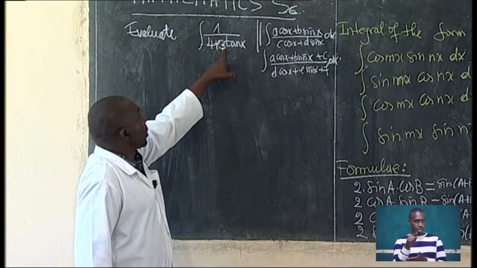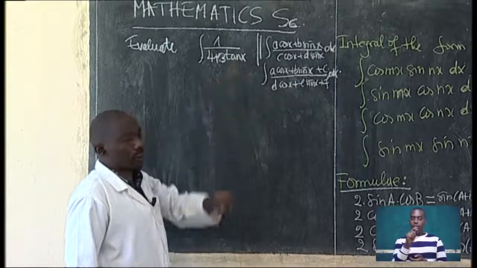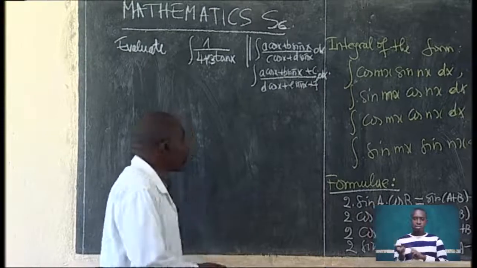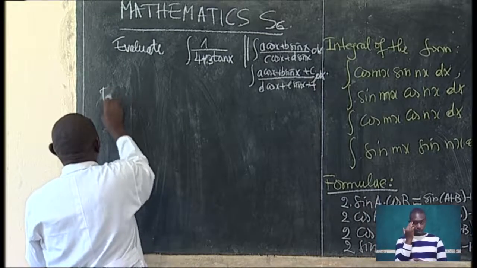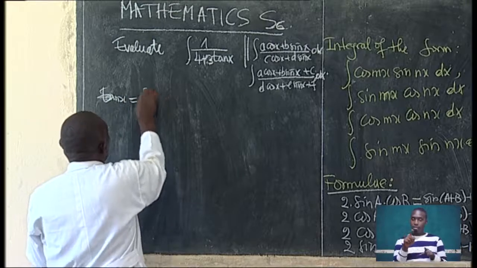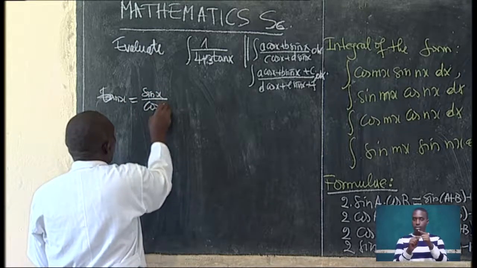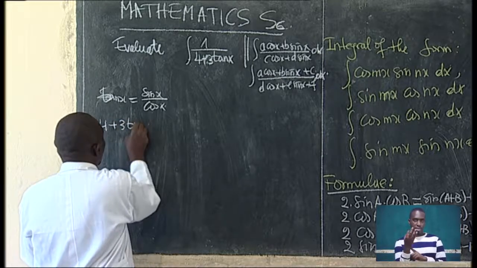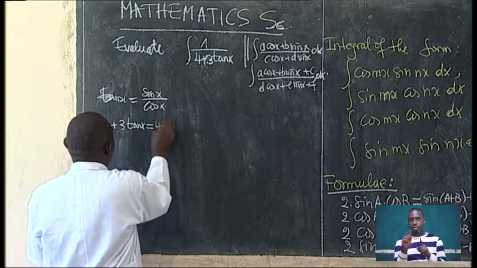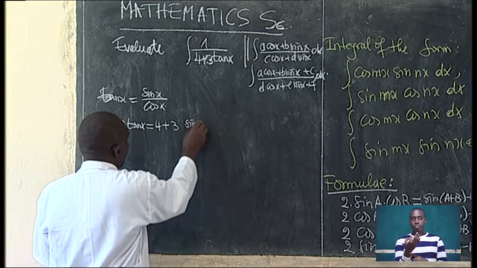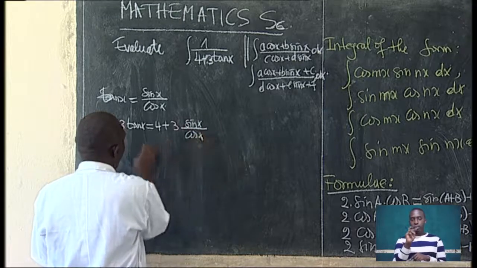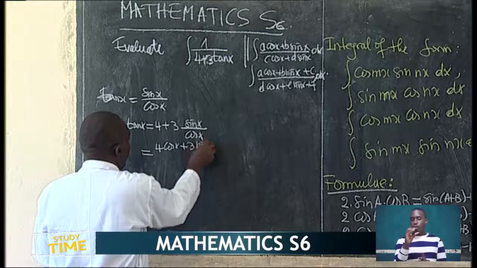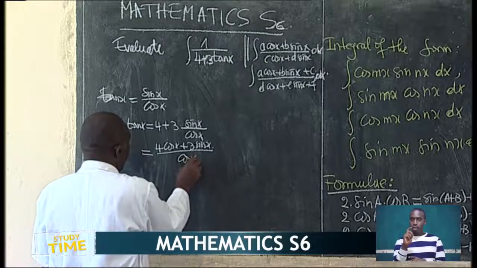The integral, we have tangent of x. You can imagine why it is not looking like this one. But you know that tangent of x is equal to sine of x divided by cosine of x. Means that 4 plus 3 tangent of x is equal to 4 plus 3 times the sine of x divided by cosine of x. Means that this is 4 cosine of x plus 3 sine of x divided by cos x.